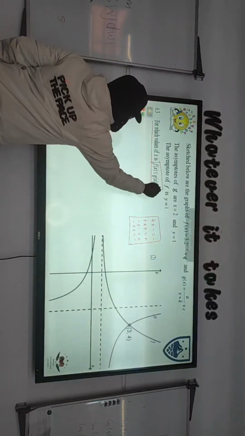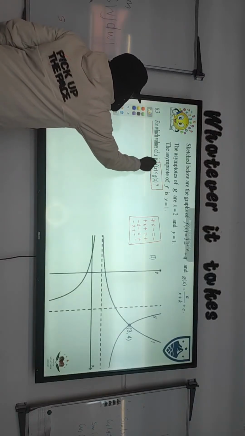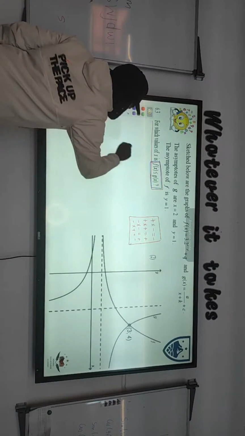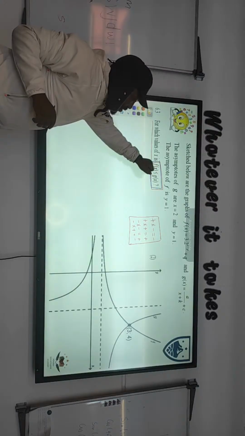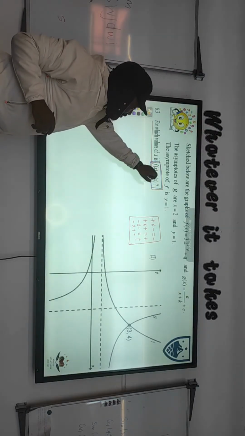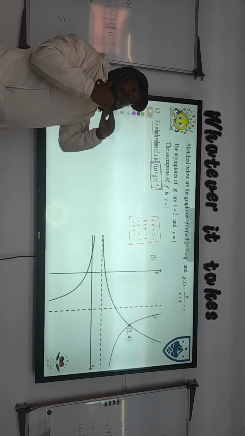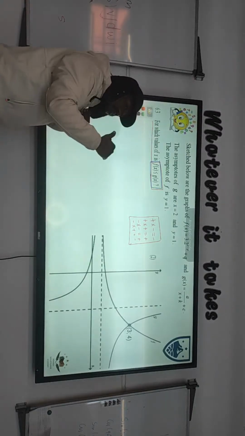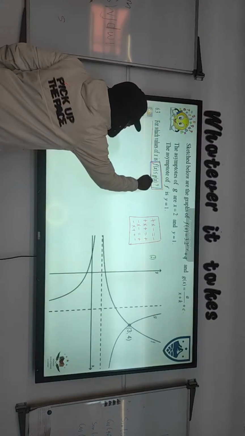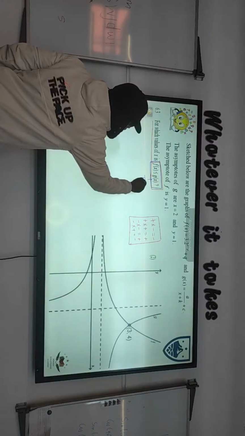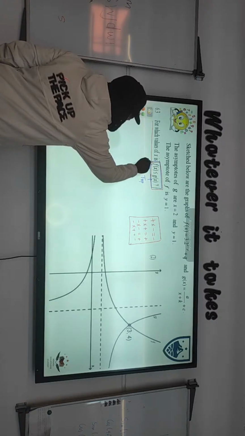Specifically for this one, we are looking for where f of x is smaller than g of x. G of x must be bigger, f of x must be smaller. So if I'm bigger than you, it means I'm on top of you. So we're looking for a point in our graph where g of x is on top and f of x is below.